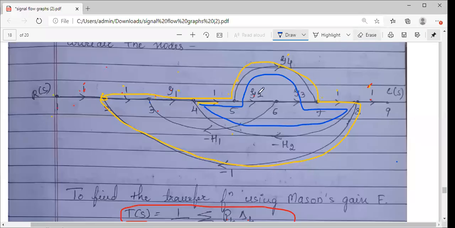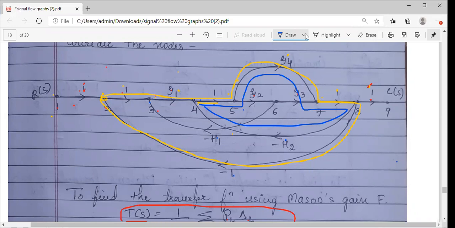So other than those 3 loops which you have identified, minus H1, minus H2 and minus 1, these terms are involved in those first 3 loops. Other than those 3, another 2 loops, additional loops I have drawn. One is yellow line, one is blue line. As I have already drawn, let me complete the gain values of these first. Then I can erase and get back to the first 3 loops.